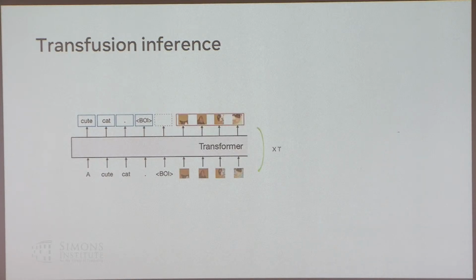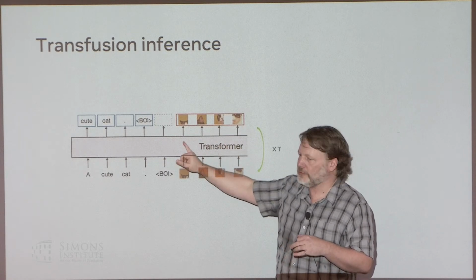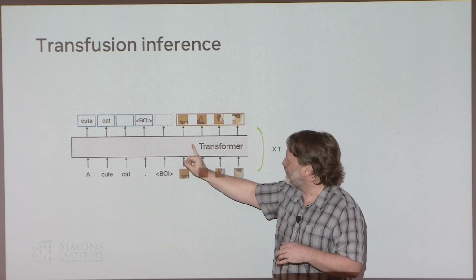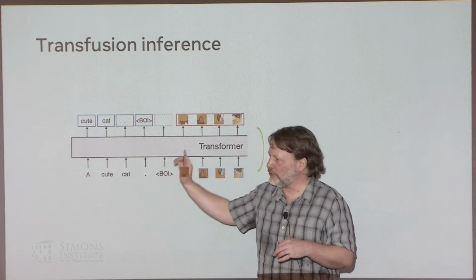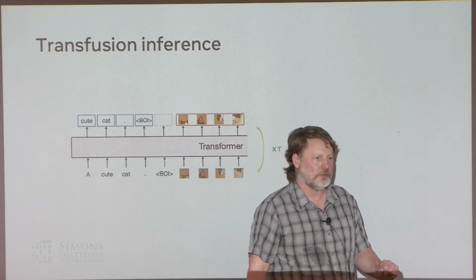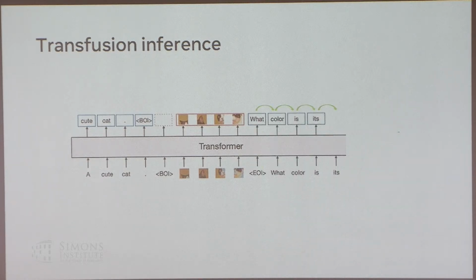It lays out however many patches each image has, and now you start a diffusion process where you put in noise at the bottom to start with, and you cycle it. The cool thing is that because it's the same transformer, all the attention layers in this transformer, which Yoon so good reviewed this morning, so we all know the details of what's in this box, are attending to everything. If there are previous images, fine, it would attend to those. It's just one sequence of tokens. And after that process is done, you can switch back and forth, back and forth.